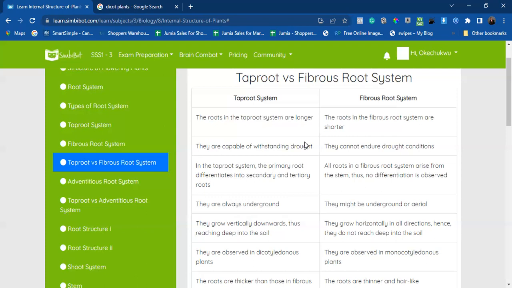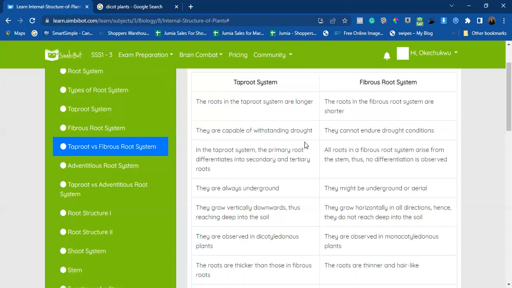But fibrous roots don't have those systems that can enable them to store water or minerals or nutrients. So when there is drought, you see plants with fibrous roots die off. They wither away because they don't have the capacity to withstand drought.